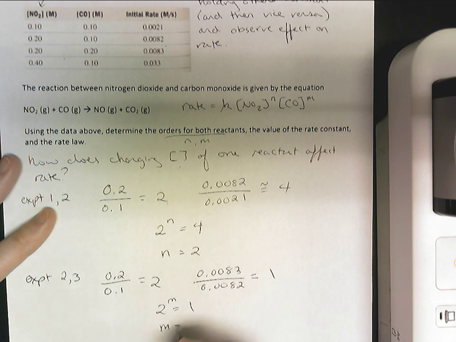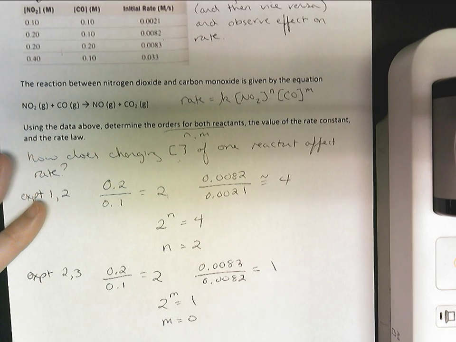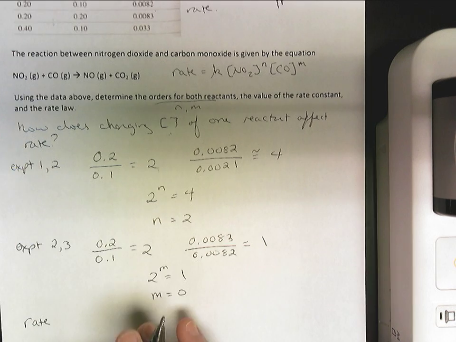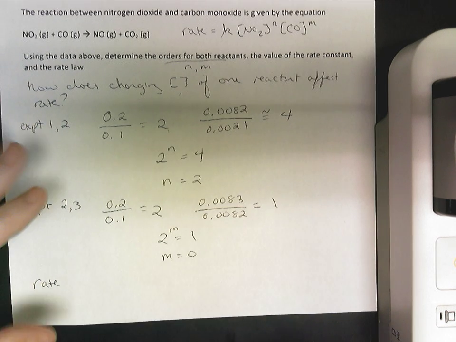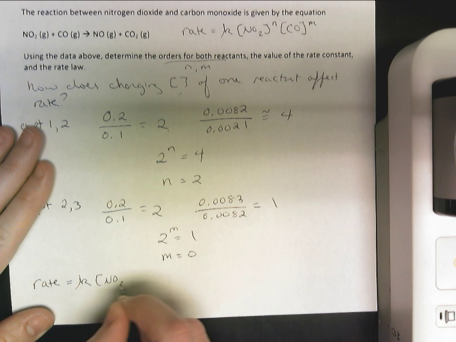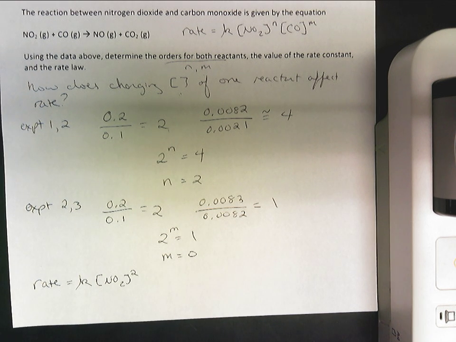That means m equals 0. So our rate law so far, and how we're going to solve for k, is going to be rate equals k [NO2] squared. I'm going to leave CO out, because when you raise CO to the 0, you get 1.